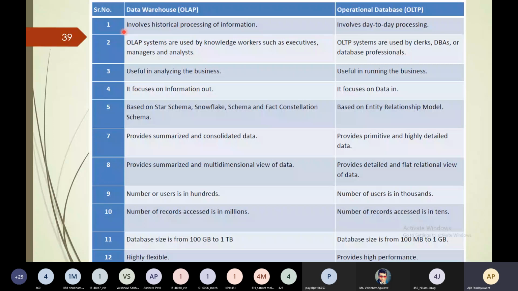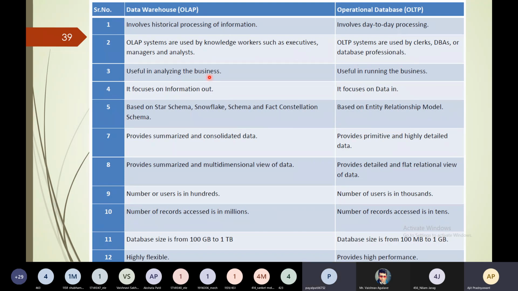OLAP shows historical data, whereas OLTP stores day-to-day processing. OLAP systems are used by knowledge workers such as executives, managers, and analysts, whereas OLTP systems are used by clerks, database administrators, or database professionals.